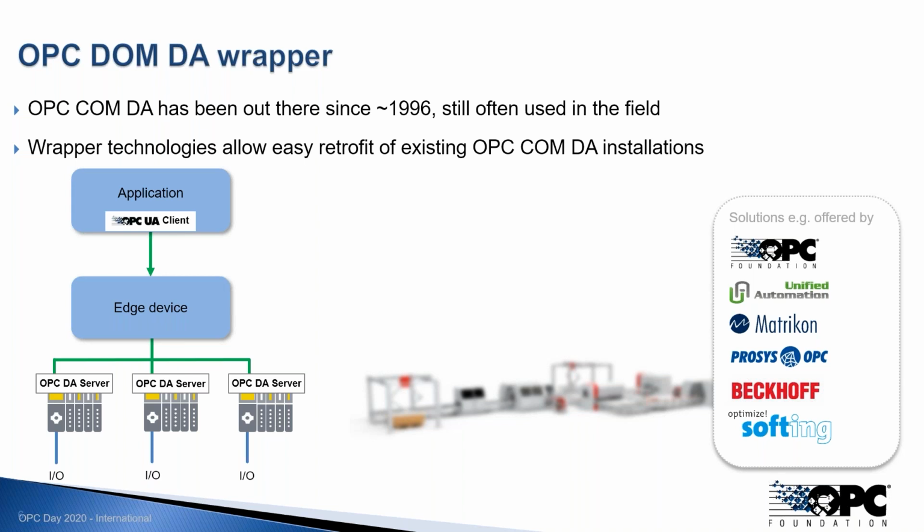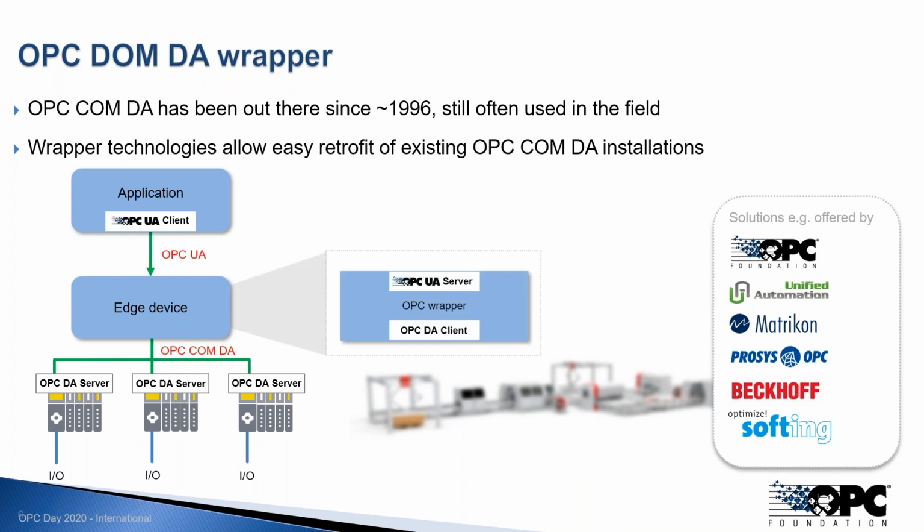And in a retrofit scenario, you then can put more or less any edge device in front. This doesn't have to comply or speak the vendor-specific format down below. It is able to acquire the data via the OPC DA Classic interface from the different controllers of the machine and provide it again as an OPC UA server for the client, which is running from the MES system.